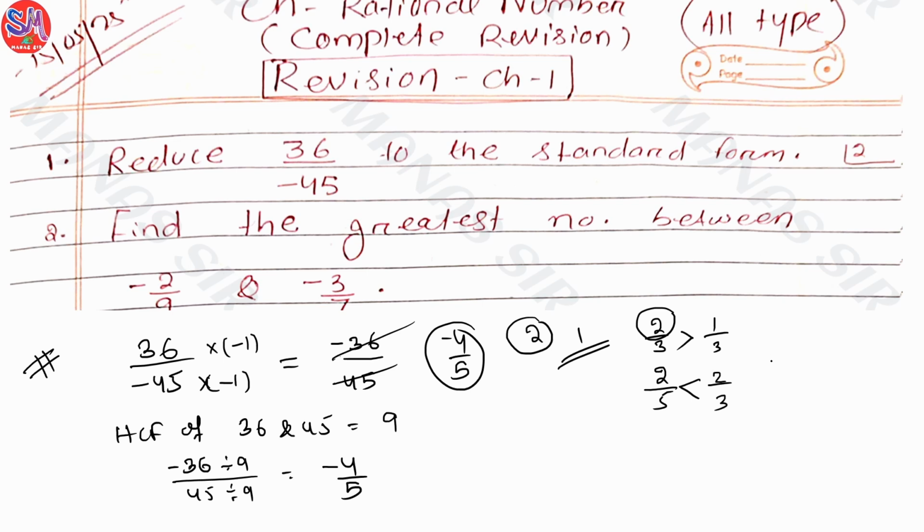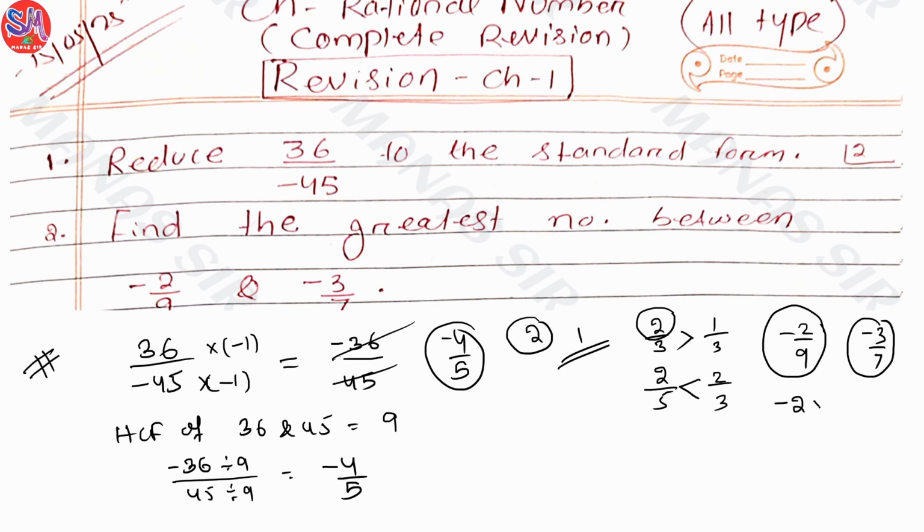Okay. If both are different, suppose minus 2 by 9 and minus 3 by 7. How to compare? Now, first of all, check whether these two rational numbers are in standard form or not. Minus 2 by 9, yes, standard form, because minus is in the numerator, and here also minus is in the numerator. Now cross multiply.